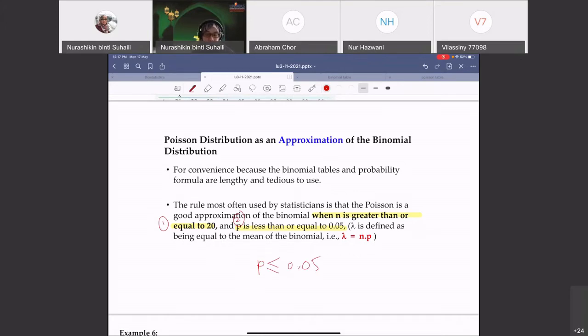That's what it means here. But how do you find the lambda? The lambda is not given. You use this formula: lambda is equal to n times p.